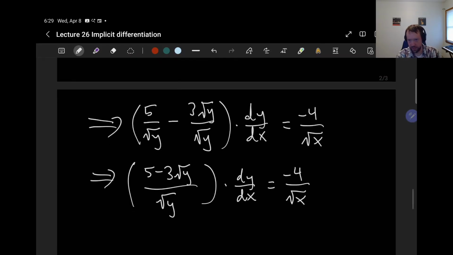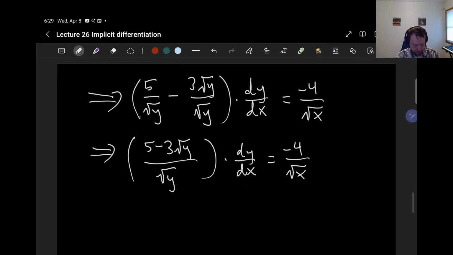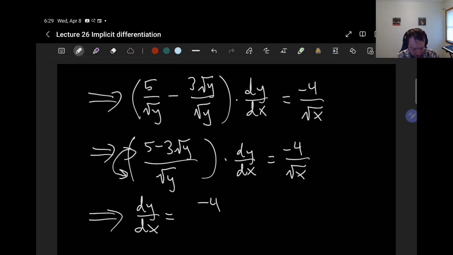So now this is just a single fraction, and I can divide it from both sides by multiplying by the reciprocal. And that's how we get dy/dx by itself. Right, so we will get negative 4. And since I'm multiplying by the reciprocal of this, where these are flipped, that means this square root of y will show up in the numerator here.